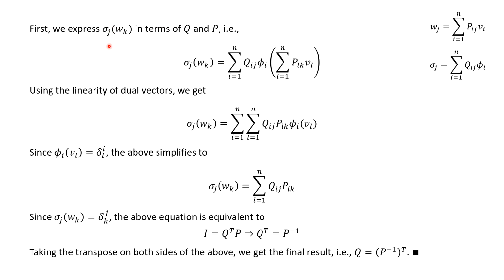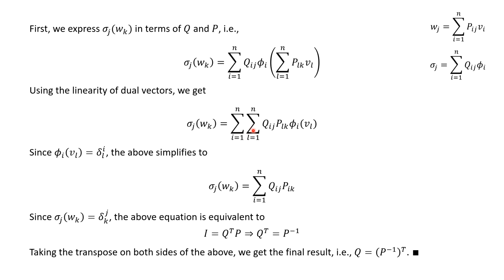We're finally ready to prove the theorem. The first step is to take sigma sub j of W sub k. We'll use these two formulas here. So we want to take sigma sub j of this, except we'll put in a k here for the j. And so that gets plugged in here. And then going from here to here is from the linearity of dual vectors. So the summation comes out here.